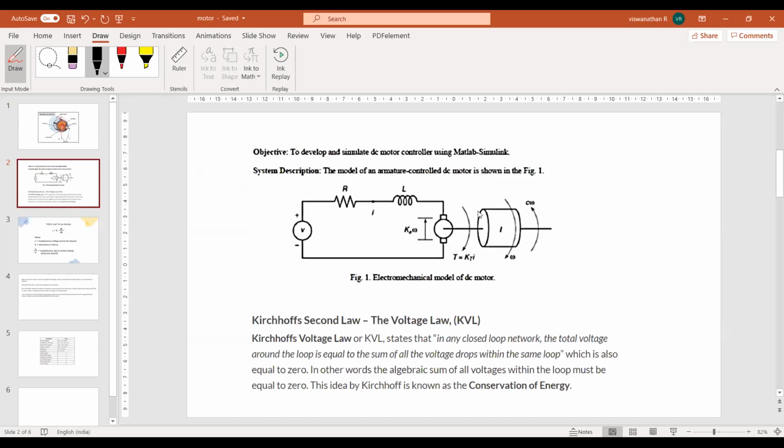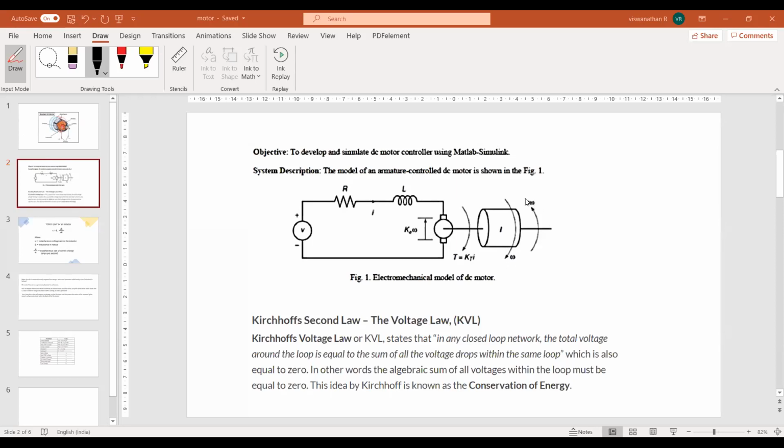And then this motor will produce a torque T, and it will have an angular velocity omega.